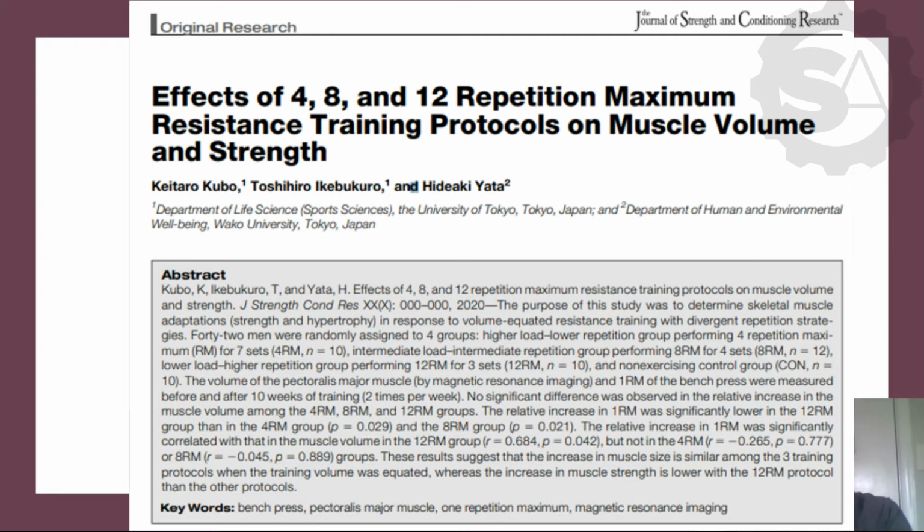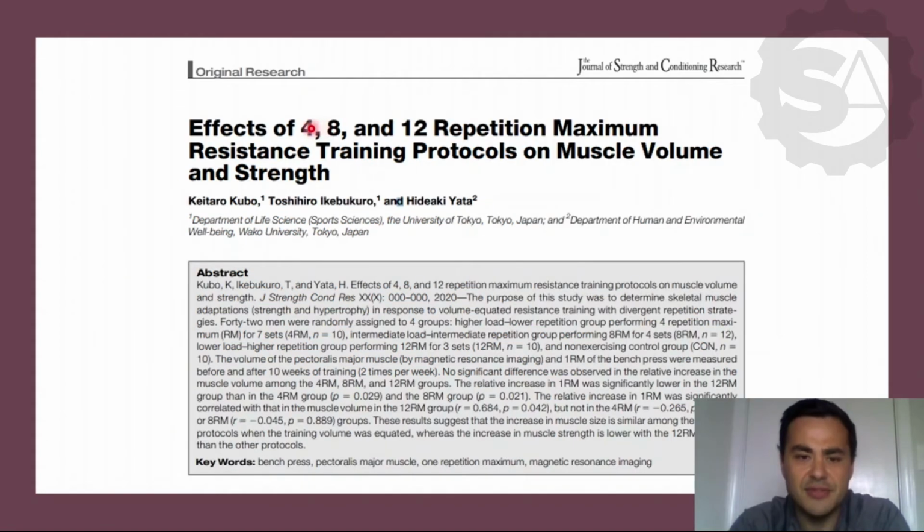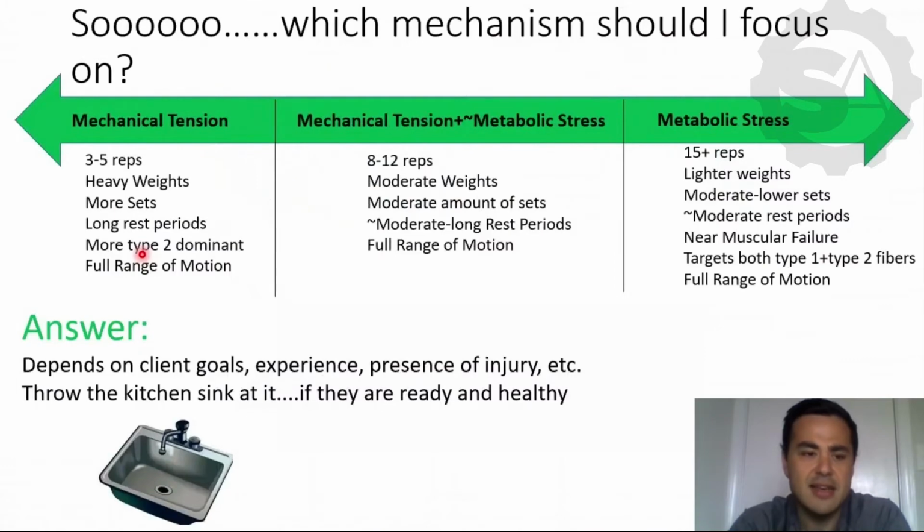When it came to overall strength, the sets that had lower reps and heavier weights were superior, and when it came to overall muscle volume, there wasn't much of a difference between the sets of 4, the sets of 8, and the sets of 12. That just kind of proves our point to what we were discussing: stuff works. We can get bigger in here, we can get bigger in here, and we can get bigger in here.